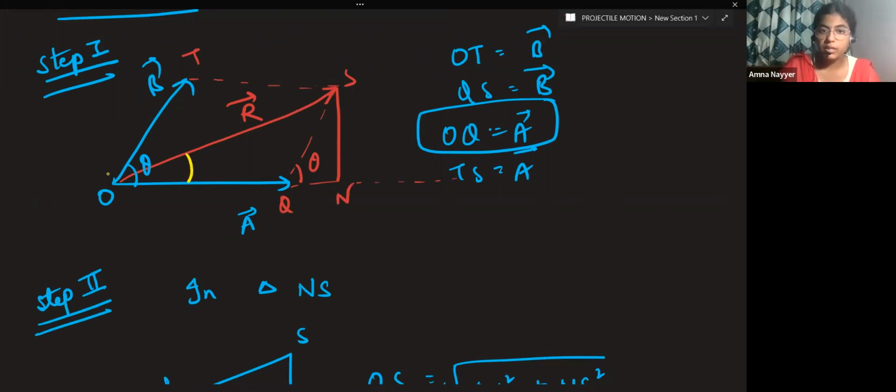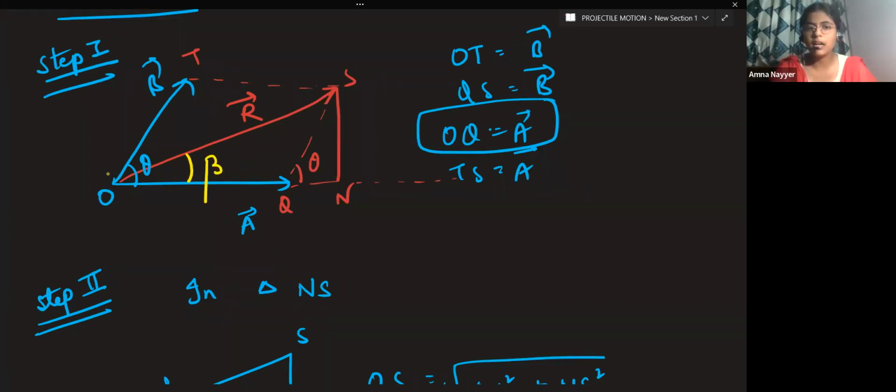This angle that the resultant is making with one of the vectors A, I am calling it beta. Theta is the angle between A and B.